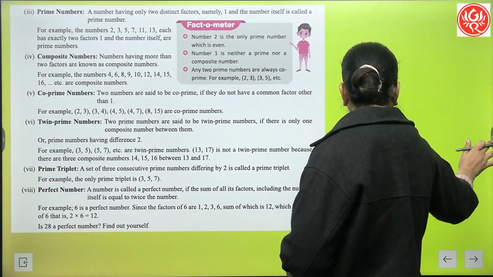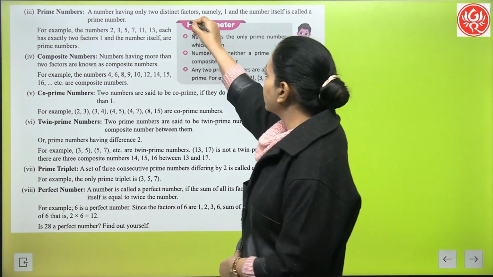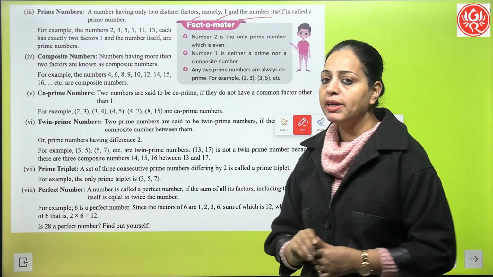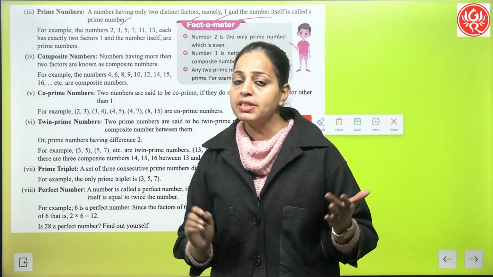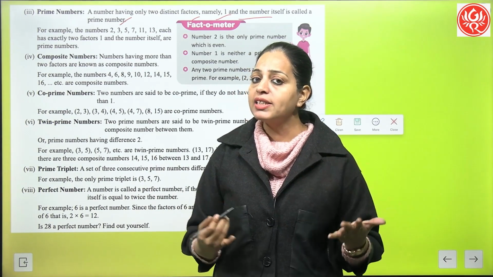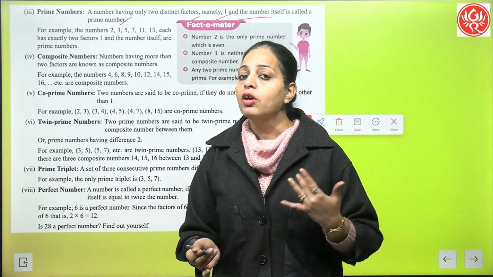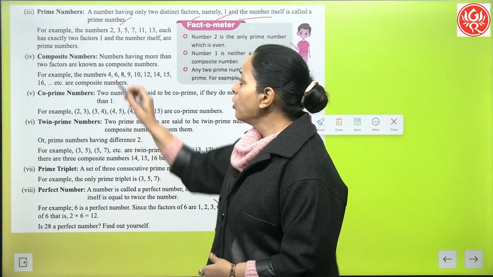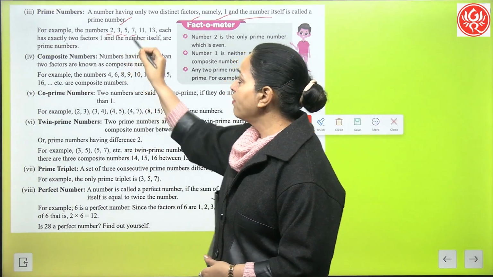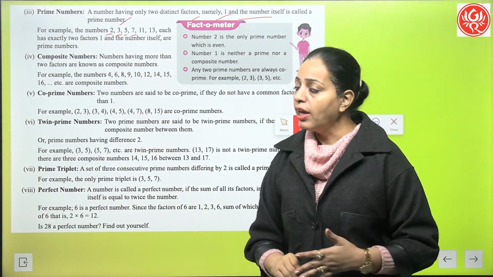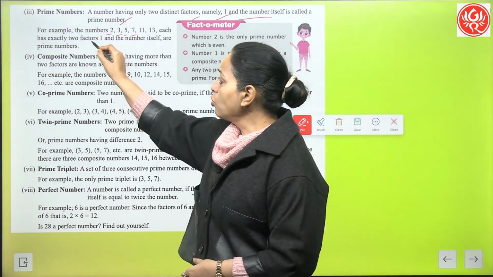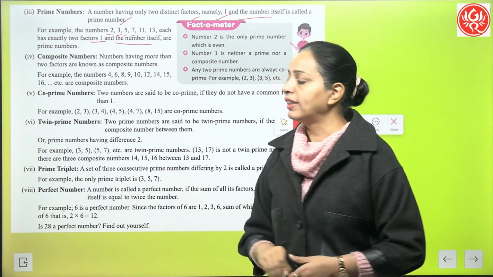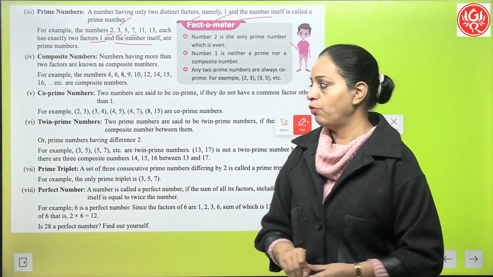A number having only two distinct factors, namely 1 and the number itself, is called a prime number. यानी जो नंबर सिर्फ अपने आप से और 1 से डिवाइड हो जाएं, those are the prime numbers. For example, 2, 3, 5, 7. These all are prime numbers because they have exactly two factors, 1 and the number itself, right?